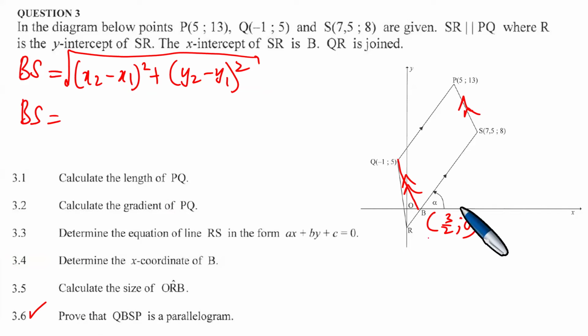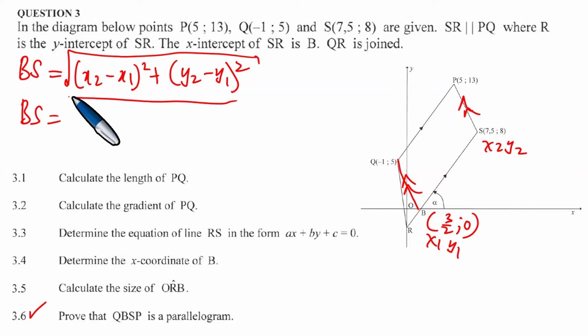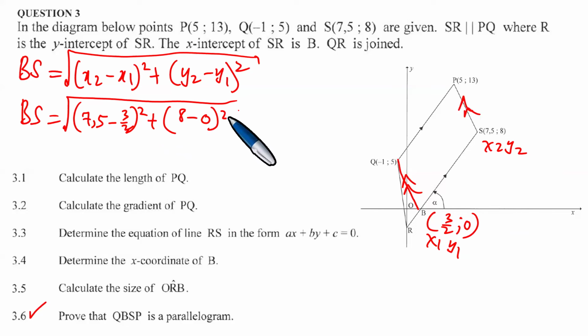So if you have BS, then we have x1, y1, and then we have x2, y2. So now to deal with the BS, we say x2, which is 7,5, minus x1, 3/2, squared. Y2 is 8. Y1 is 0. 3/2 is the same as 1,5.